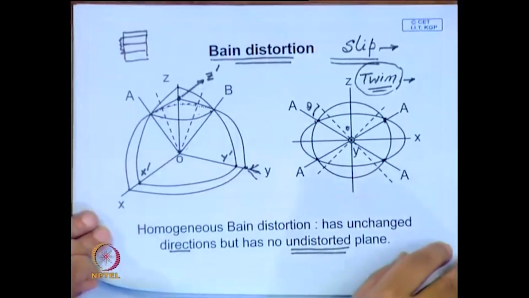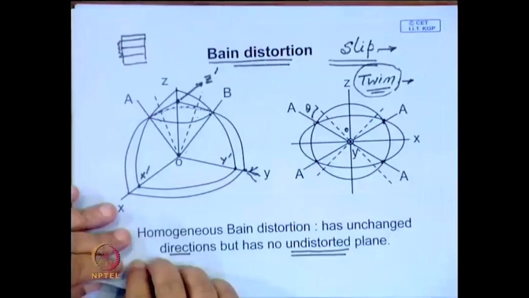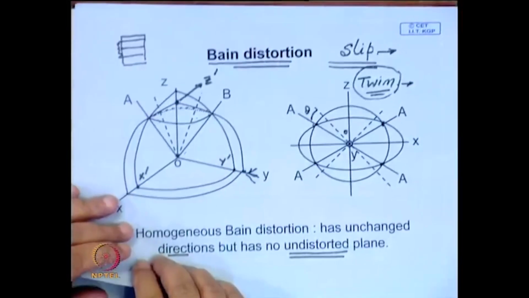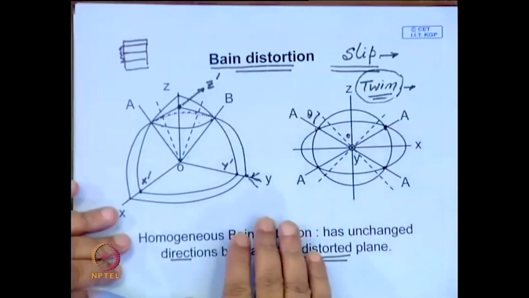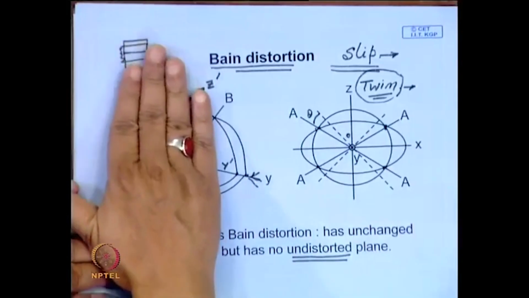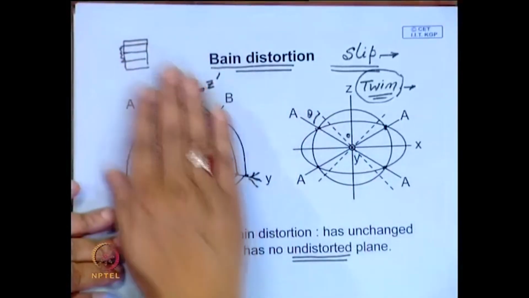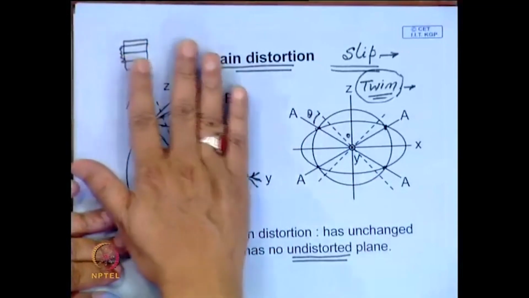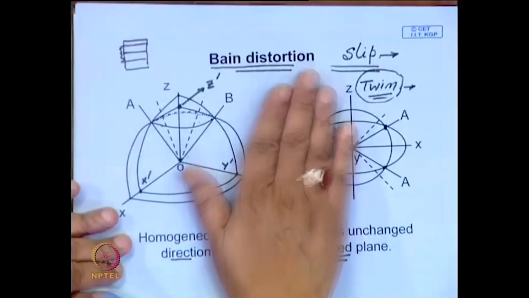Through slip it is possible to explain one kind of crystallographic relationship, because slip can occur on specific planes: in face centered cubic it is the 111 plane, and in BCC slip can occur on the 110 plane.